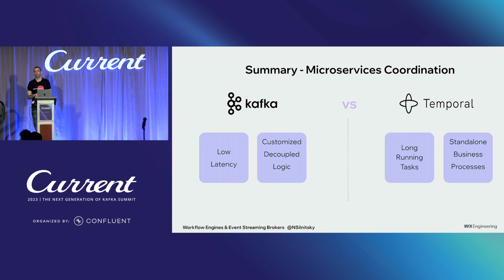On the other hand, I would go with Temporal if your flows include long-running sections in them. And also, if your business process is standalone, you're not worrying like Wix is worrying about having the extensibility built in. You have your 4 microservices at a time, and you want to build the workflow on top of that, and that's it.